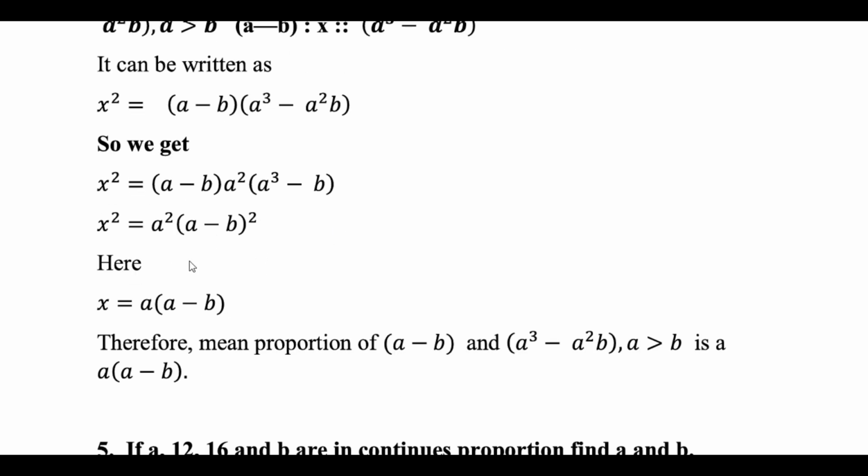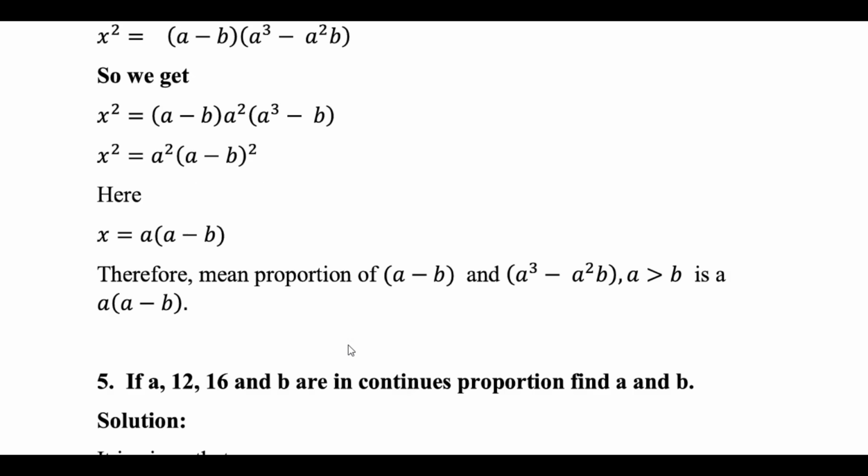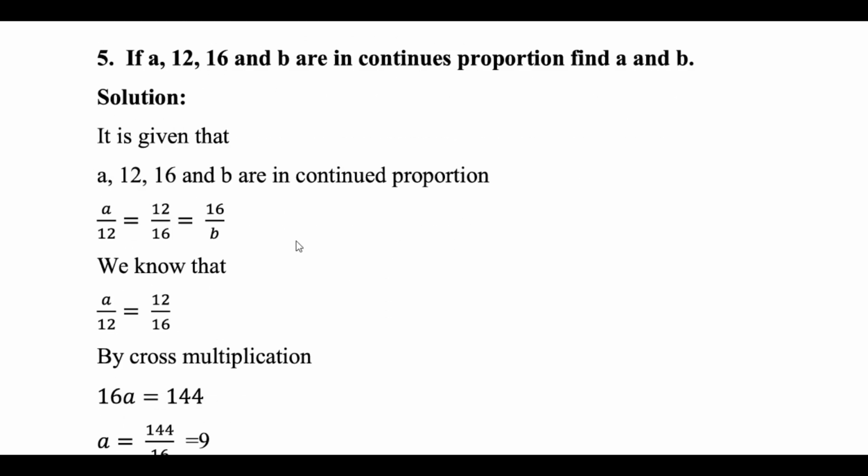So you will get x square equal to a square into a minus b whole square. So x will be equal to a into a minus b. Therefore the mean proportion of a minus b and a cube minus a square b, if a is greater than b, is a into a minus b. Come to the next problem.